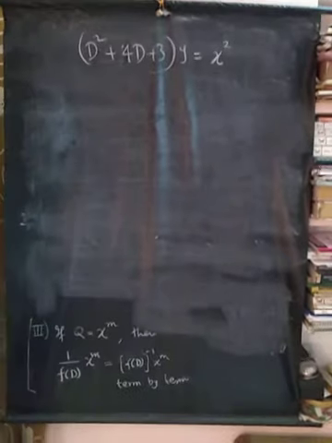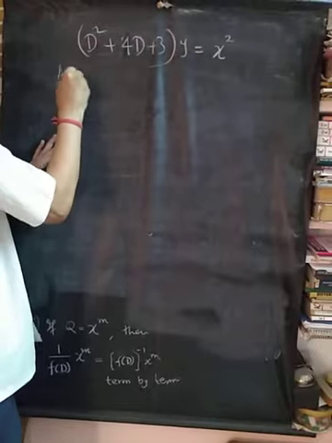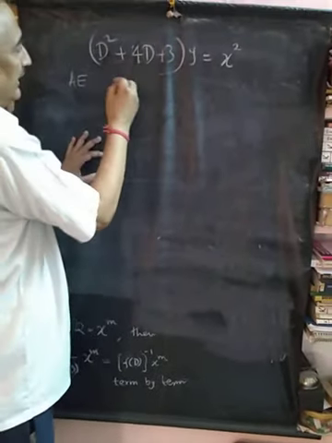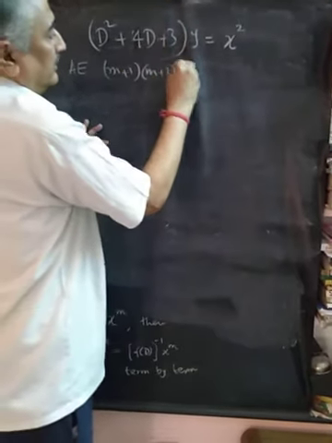Let's have something like this. So what you need to do, you know the first easy part, auxiliary equation. It is (m plus 1)(m plus 3) equal to 0.